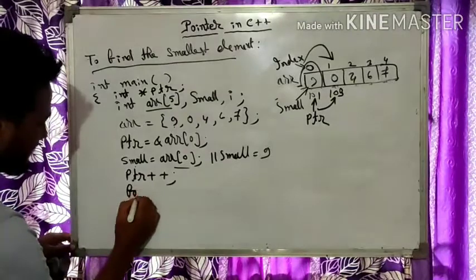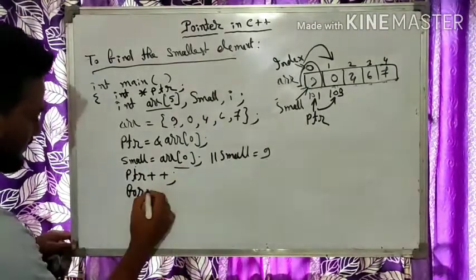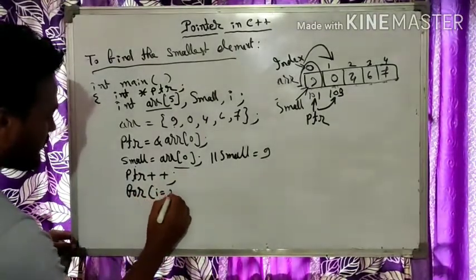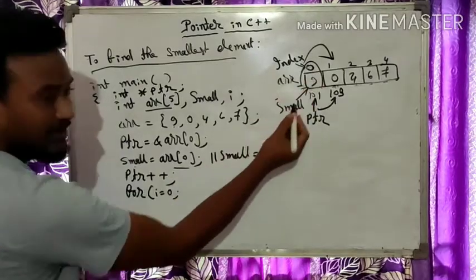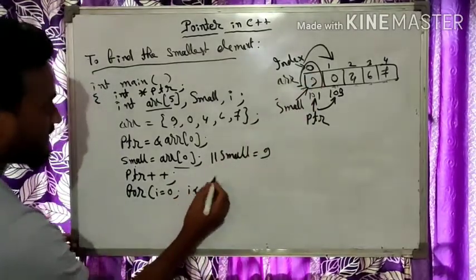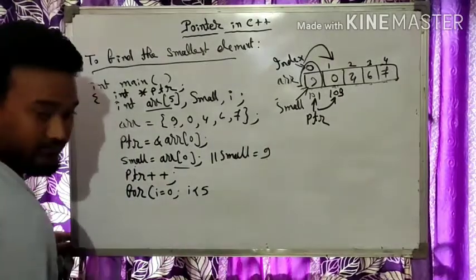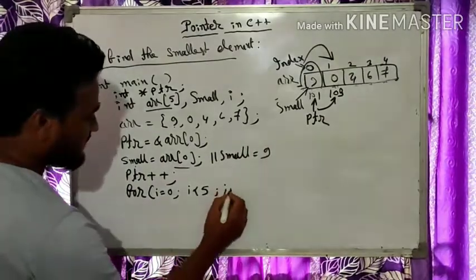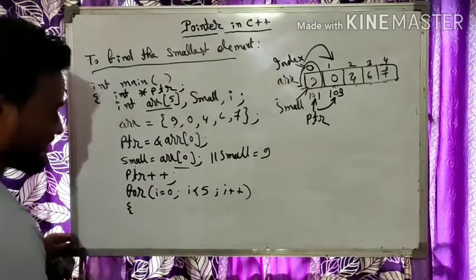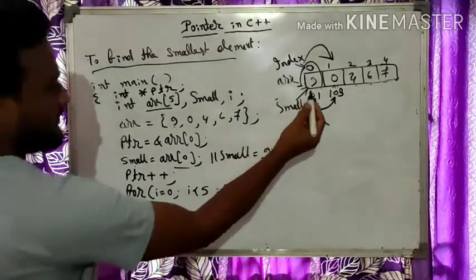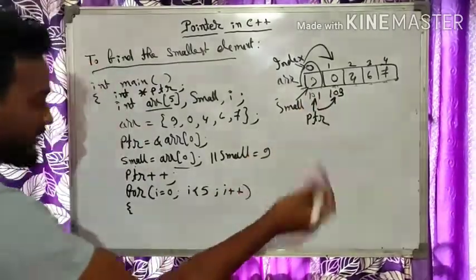Now let's start. We have to compare, right, one by one. So for I equal to 0, because our index starts from 0, I less than, how many elements are there? 5. So less than 5, I plus plus. Here, if this element is less than this, we'll exchange it.